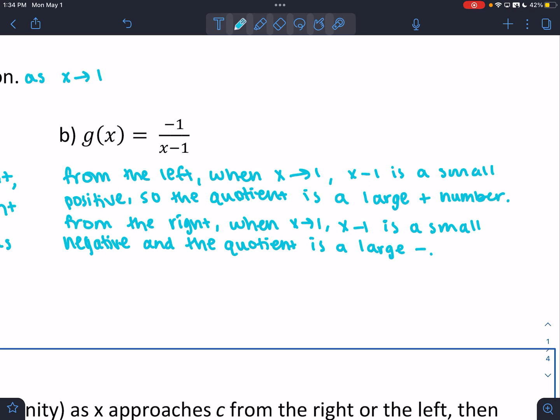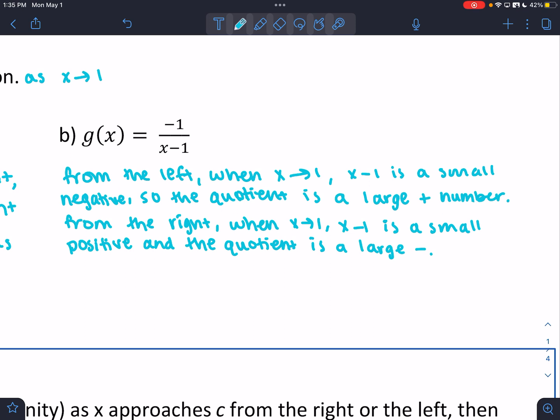Okay, I see what you're saying. Got it. This one would be a small positive, and the quotient a small negative. So I was right when I wrote negative on this one the first time. I just changed it because I did the opposite up here. These people are going to be very confused. I know they are. It's because I got corrected when I wasn't wrong the first time.